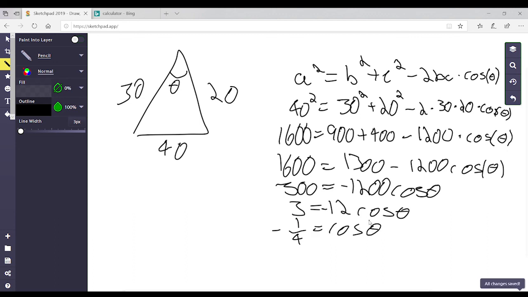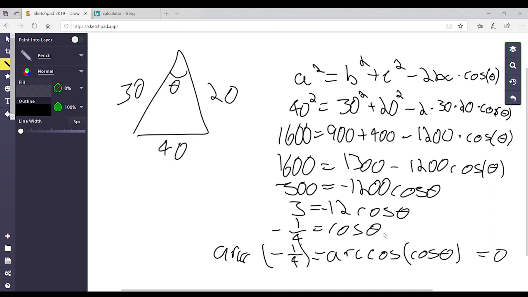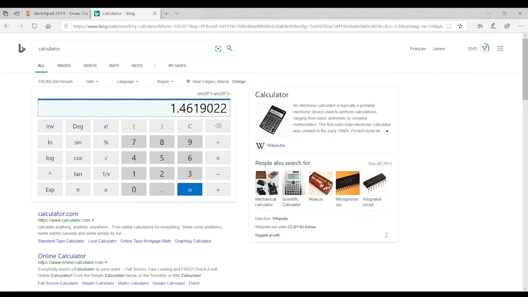And how do we get theta? Well, we can use arc, like we used before. So we can use arc cosine of cosine of theta will get you just theta. So what we actually have to do is arc cosine of minus 1/4. And we'll say inverse, remember?